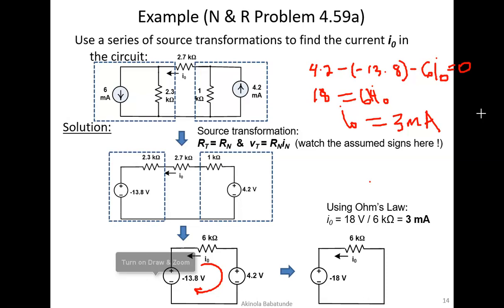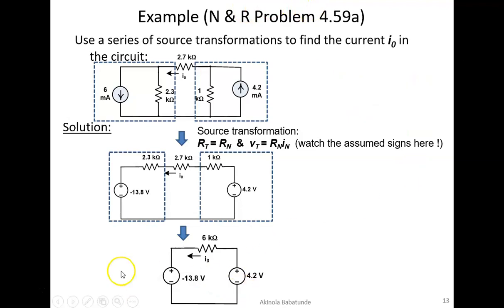All right. Now let's apply the second method and see what comes out of it. As you can see, we have minus 13.8 volts, we have 4.2 volts, and then we have the 6 kilo ohms resistance right up here. So let's go ahead and combine these two sources as discussed. We subtract the smaller from the larger.